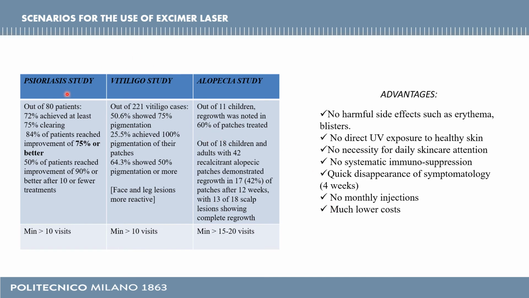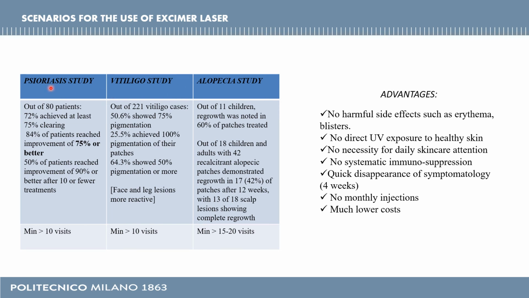And for what concerns this table, we have these studies carried out on a certain number of patients for each illness. In particular, in these studies it is possible to see that there is a high rate of efficacy and efficiency in the use of the excimer laser for treating these diseases.